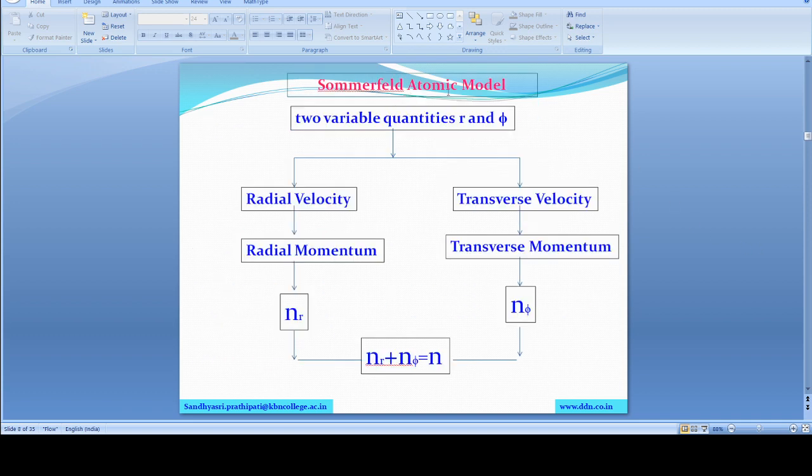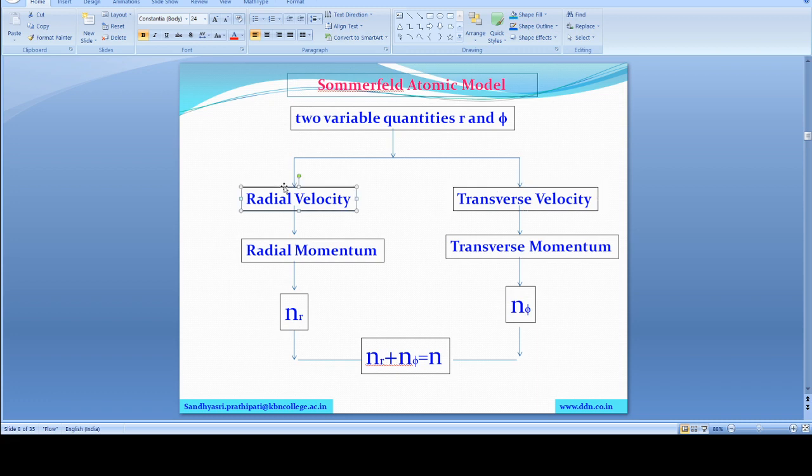Sommerfeld atomic model. There are two variables required to describe the position. I have already told, those are r and phi. Because of these two variables, the electron had radial velocity as well as transverse velocity.